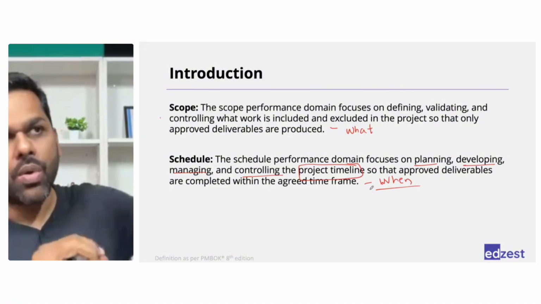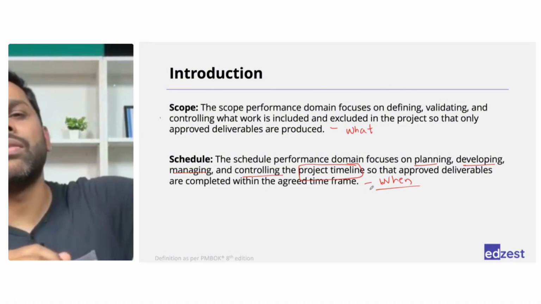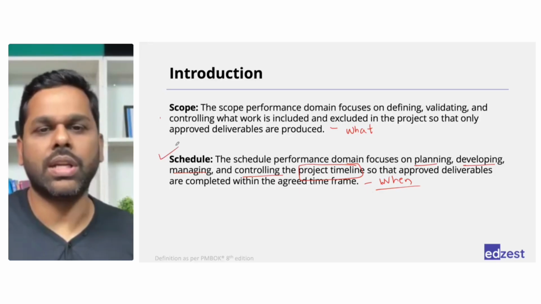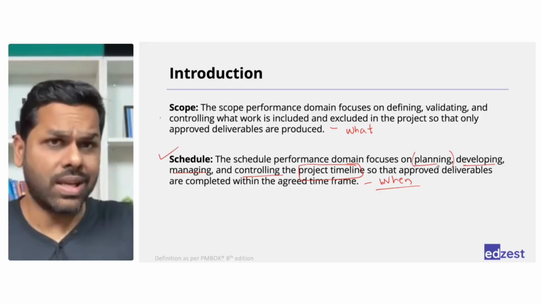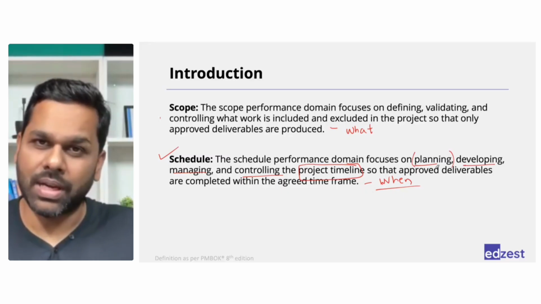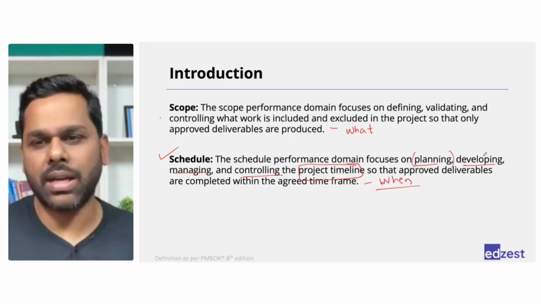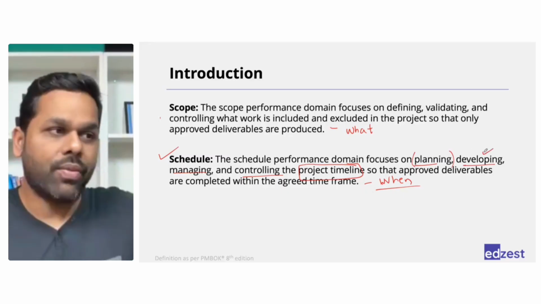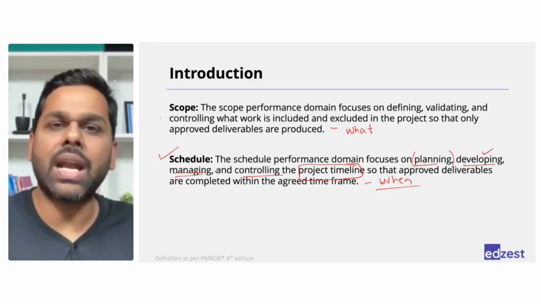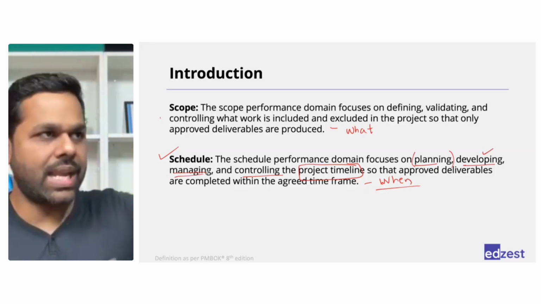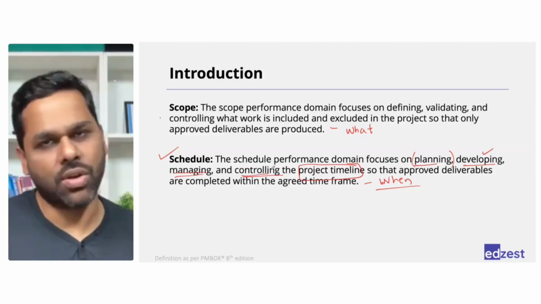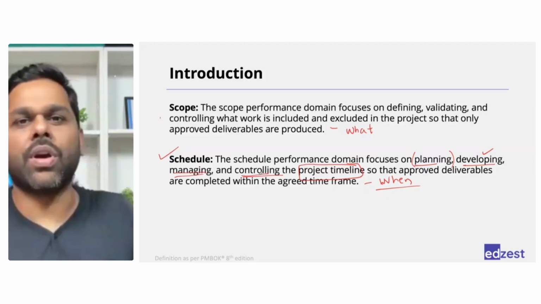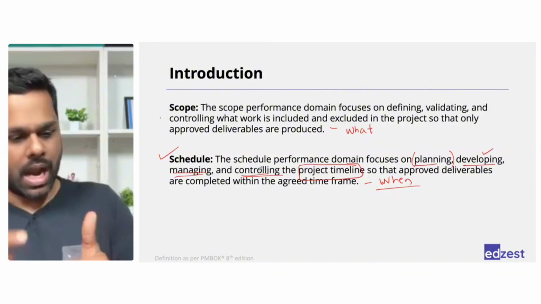You will have work packages. When will those work packages be delivered is a part of your schedule. Right? So planning how you will understand the activities required, sequencing the activities, estimating how much time it will take, and then putting it all together and developing the schedule. Then when the work happens, trying to understand whether the work is happening exactly as per the plan or not. If not, then making some changes is called controlling, is a part of your schedule performance domain.